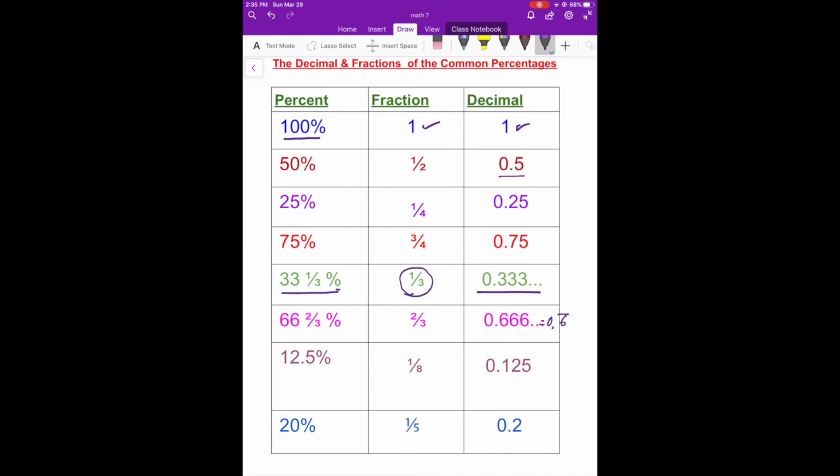And 12.5% is 1 half of 1/4, which is 1/8, and it is 0.125. And 20% is 1/5, which is 0.2. Hope you will remember all these.